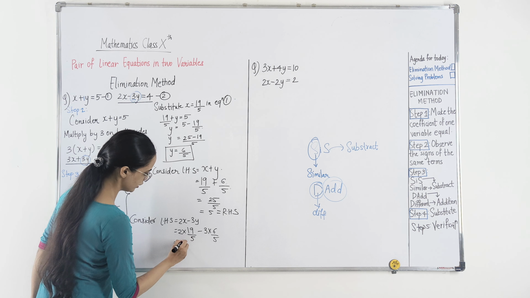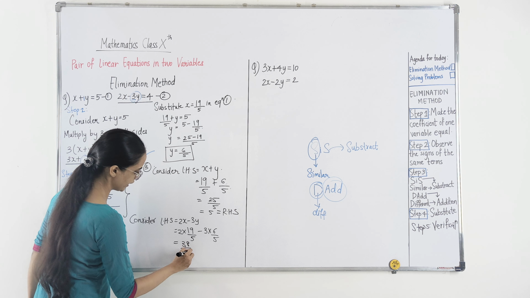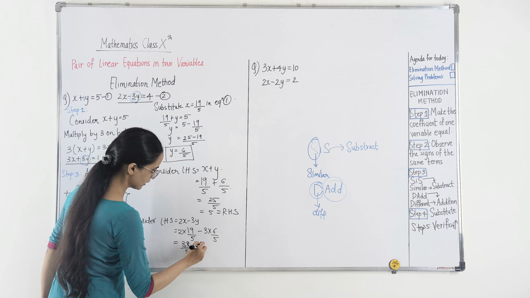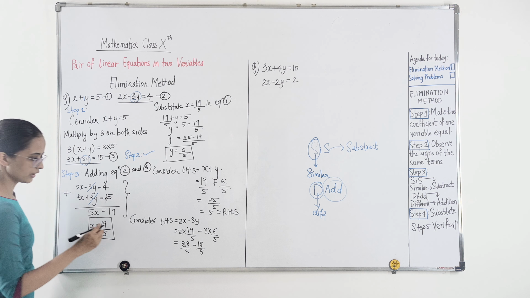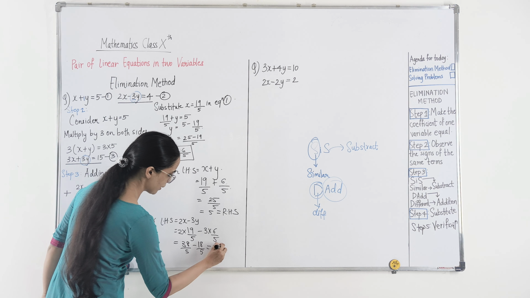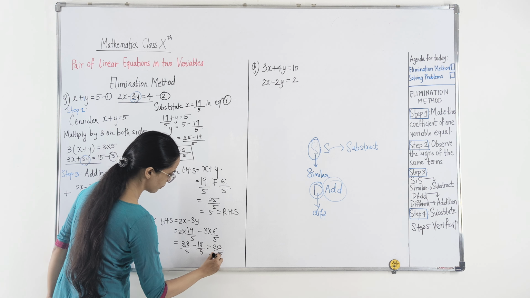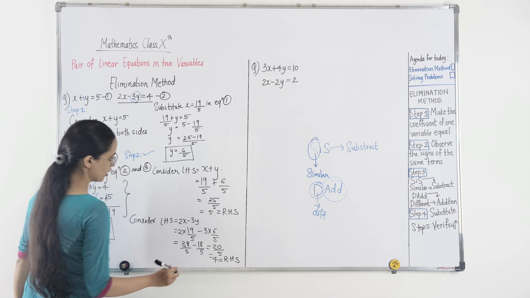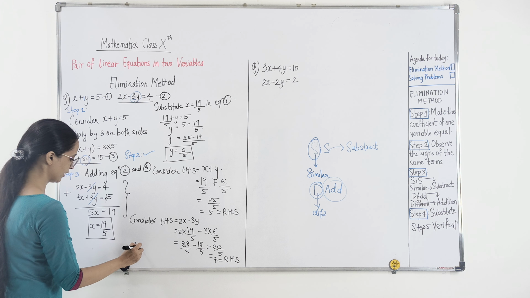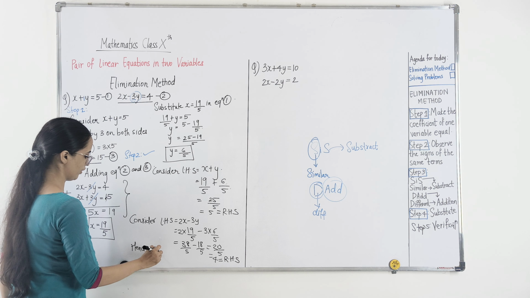We know that 19 into 2 is 38 by 5 minus 18 by 5, and 38 minus 18 is 20 by 5, and we all know that 20 by 5 is 4, which is equal to your RHS. So we can say that hence verified.